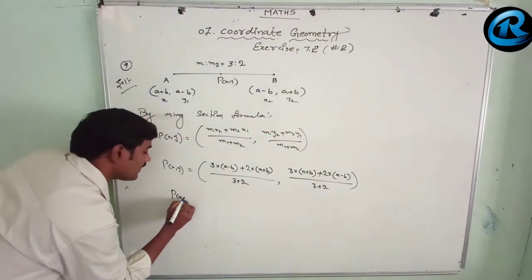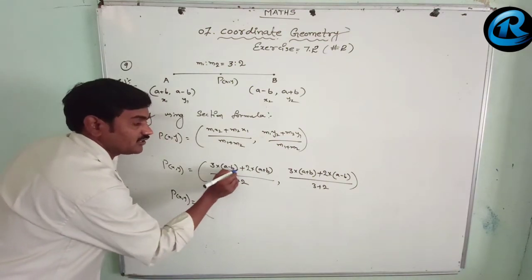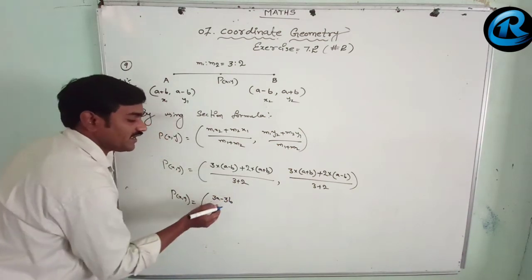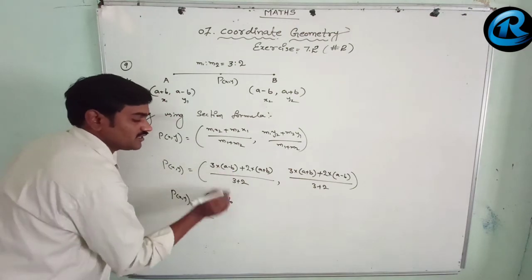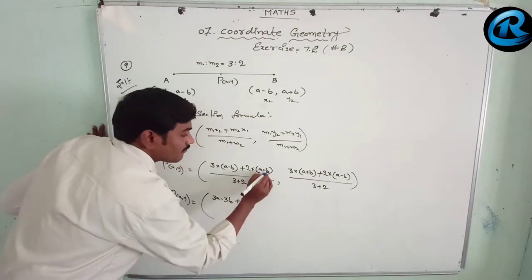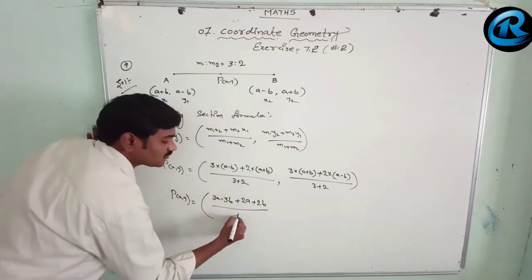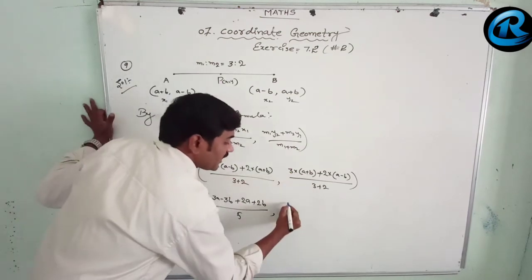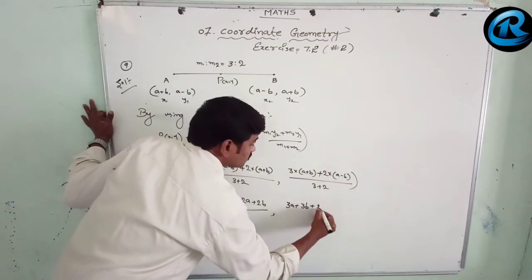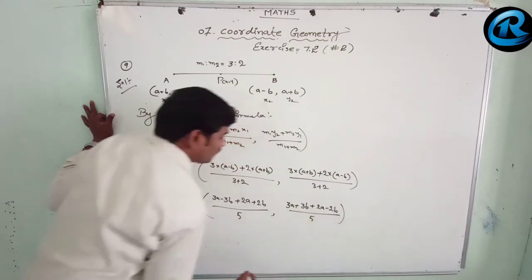Now P x comma y is equal to 3 into a, 3a, and 3 into b, 3b, so 3a minus 3b, plus 2 into a is 2a, plus 2 into b is 2b, by 3 plus 2 is 5, comma, 3 into a is 3a, plus 3 into b is 3b, plus 2 into a is 2a, minus 2 into b is 2b, by 3 plus 2 is 5.